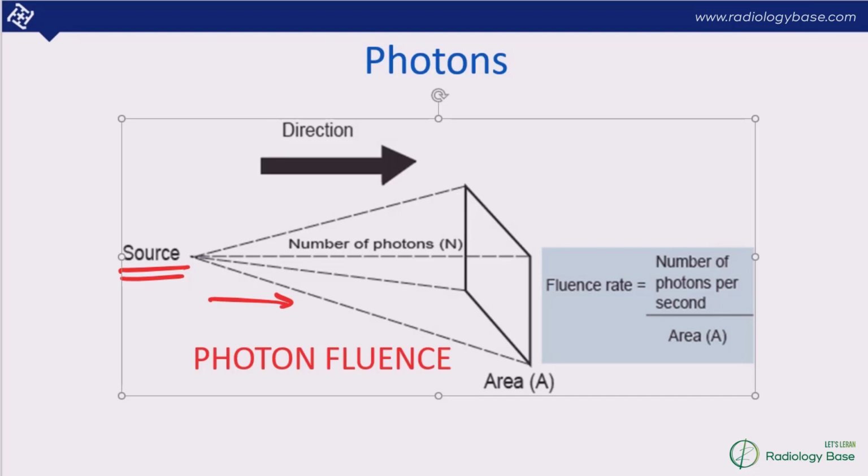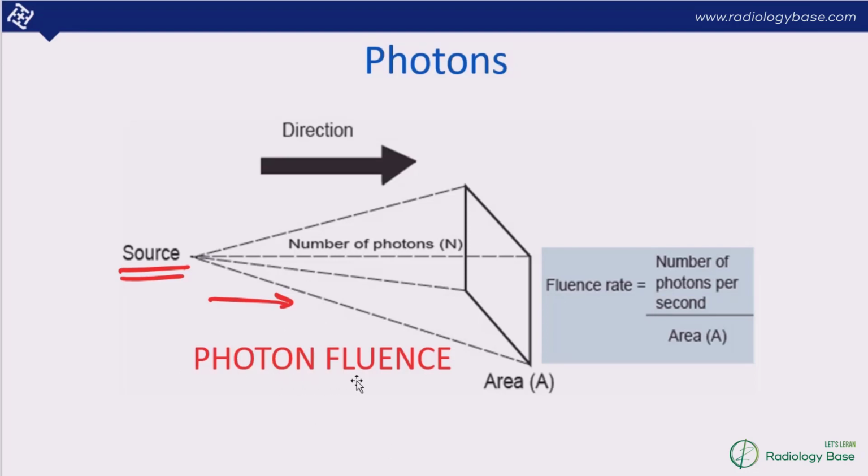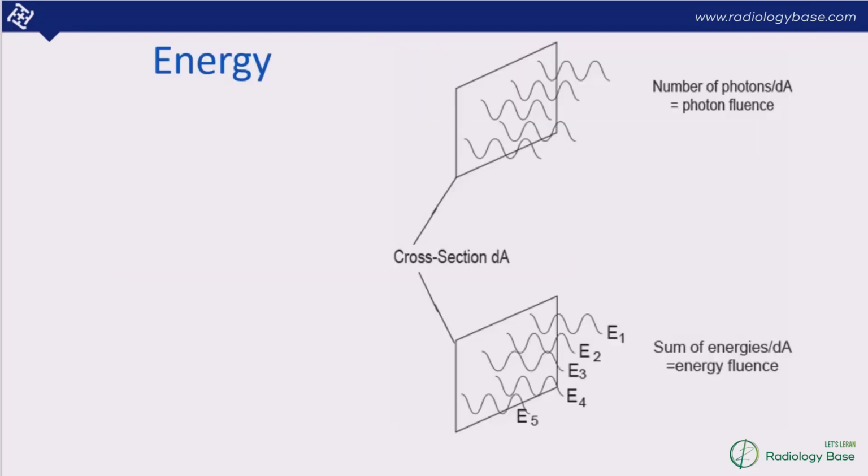And if you count the number of photons in a unit time, that is, how many photons pass through that area, that is known as photon fluence rate. So by adding time, we have developed photon fluence rate from photon fluence.